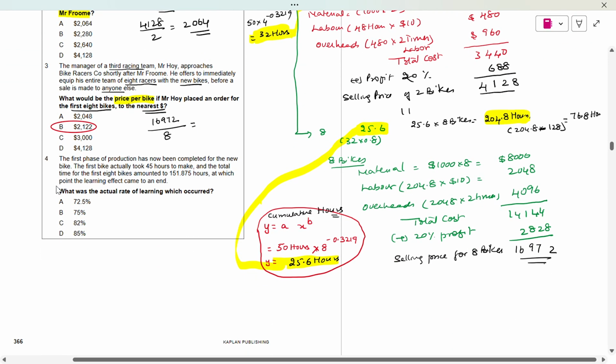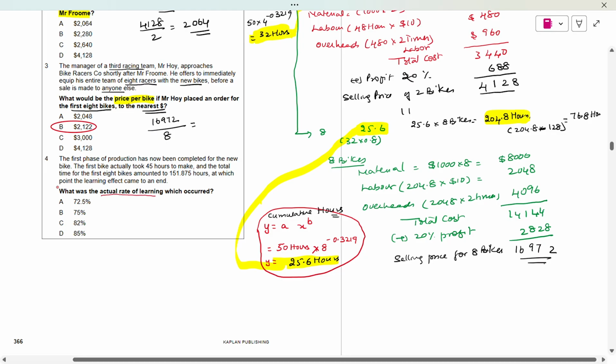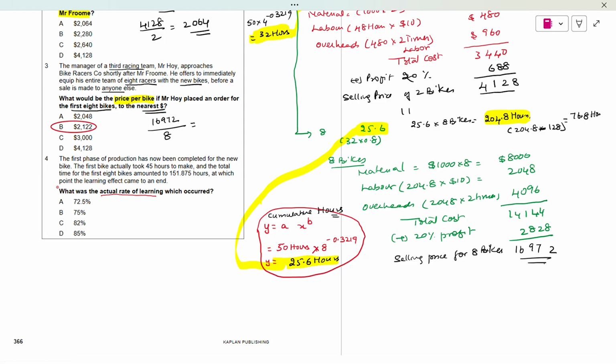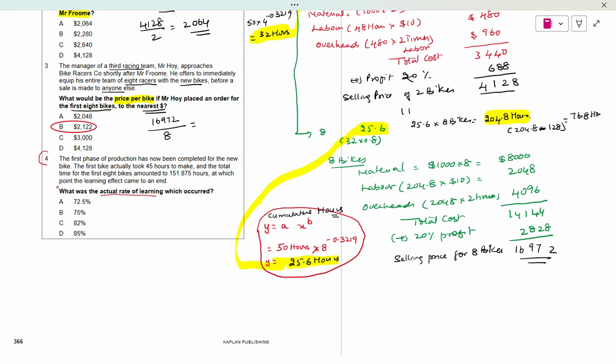Now, what is the actual rate of learning? Can I start question number 4? Yes. The first phase of production has now been completed for the new bike. The first bike, how much did it take?